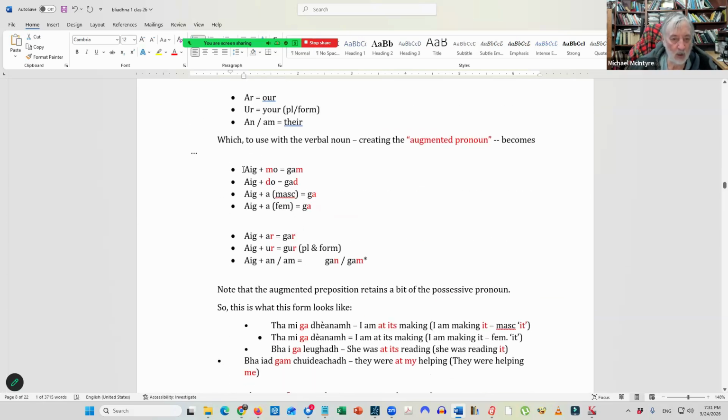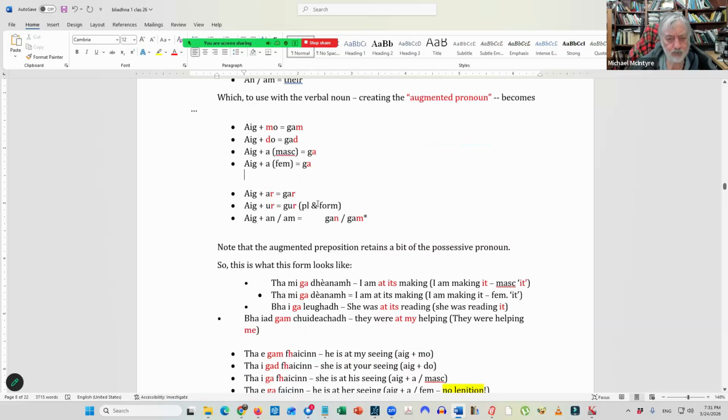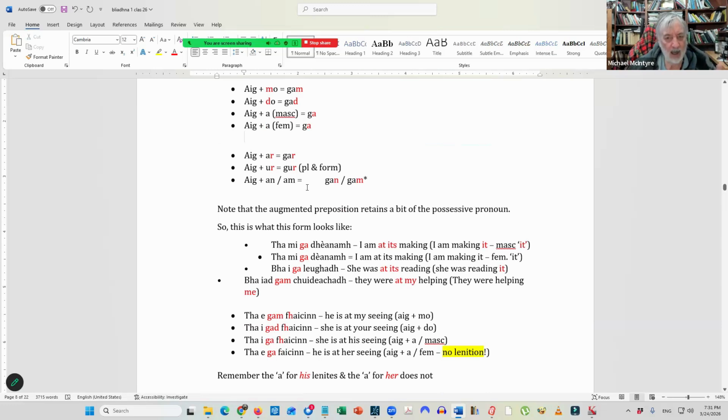Ek plus mo equals gum. Ek plus do equals gut. Ek plus masculine equals ga. Ek plus feminine equals ga. So they both look alike, but they don't work alike. Keep that in the back of your mind.